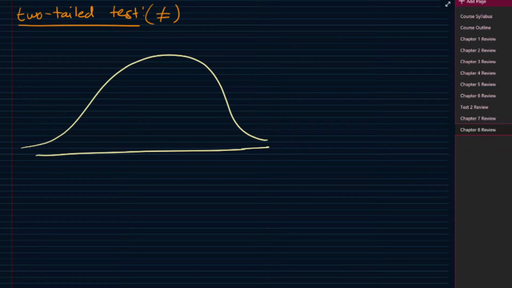Well, if we're assuming that our alpha is 0.1 again, that means alpha being 10%, the rest of the data would be 90% again. So this would be 90% of the data. And then anything in these two tails would be within the critical range.